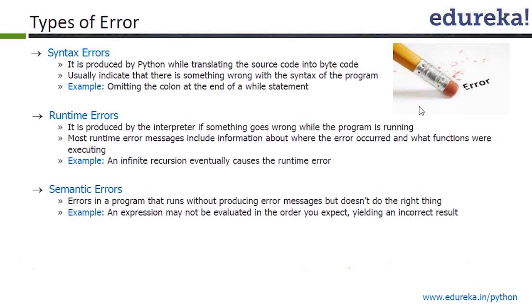Okay, and the good thing about Python is most runtime error messages include information about where the error occurred and what functions were executing. So that's the good thing about Python. You'll be able to know where the runtime error is occurring, using which piece of code the runtime error is occurring.